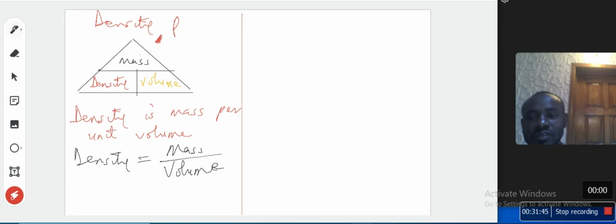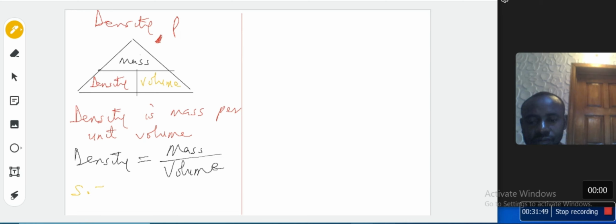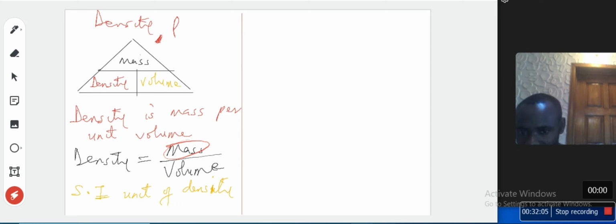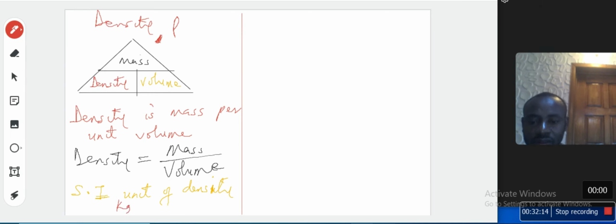What do you think should be the SI unit of density? Anytime you're looking for the unit of a quantity, look at the formula. Mass over volume. So it will be the unit of mass, kg, per unit of volume. What's the SI unit of volume?